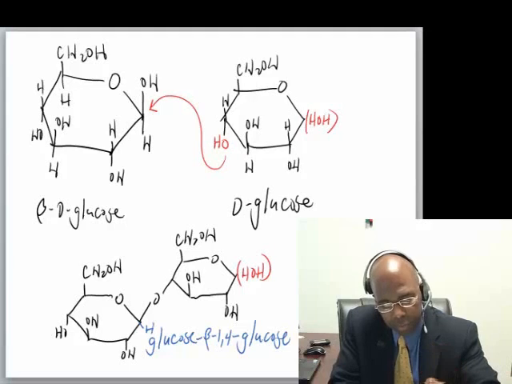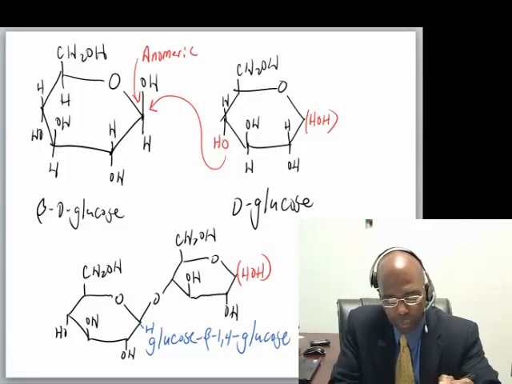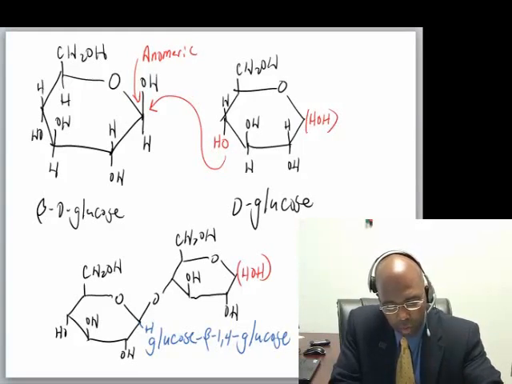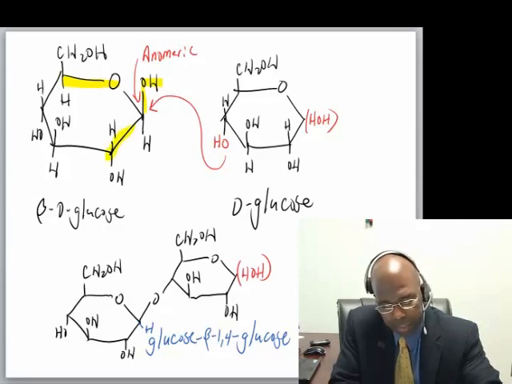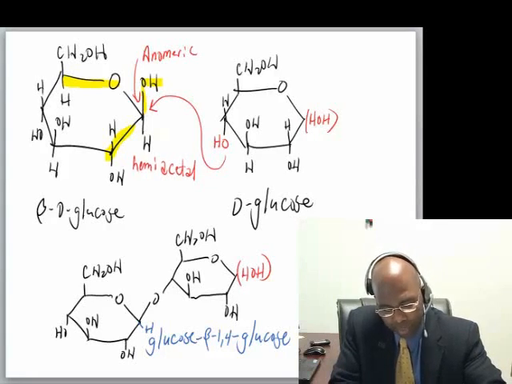Okay. Now, some things you need to know. This is the anomeric carbon. Anomeric carbon is, of course, in the beta configuration. This functional group here, which has an OR, an OH, and an R, is a hemiacetal. However, once you add this sugar to it, now you have an OR, an R, and another OR.